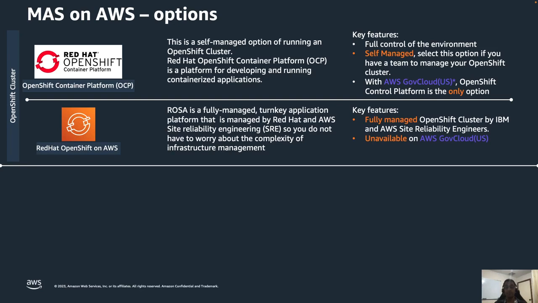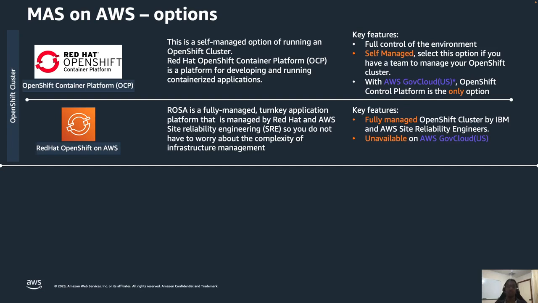The second option when it comes to the OpenShift cluster is Red Hat OpenShift on AWS, also known as ROSA. The key thing to understand is that ROSA is a fully managed turnkey application platform that is essentially managed by both AWS as well as Red Hat site reliability engineers, or SREs. So the key benefit for customers is that it's a fully managed offering, right?